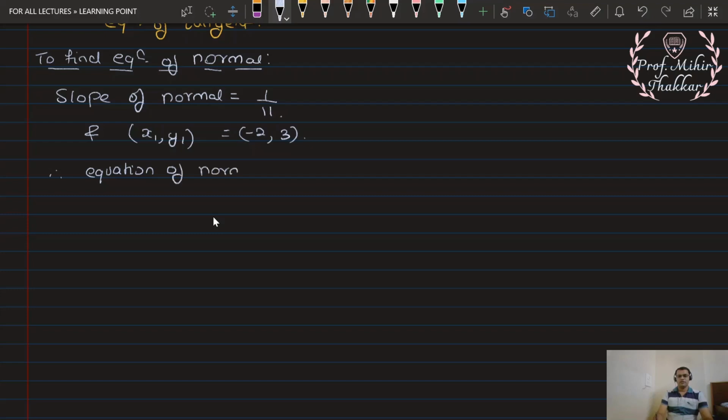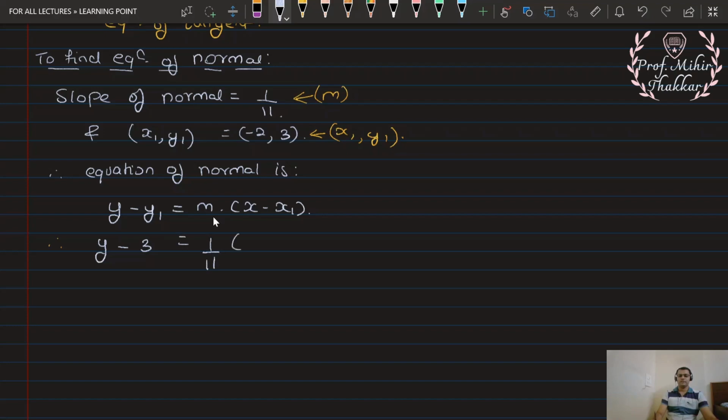Therefore the equation of the normal is the same equation, y minus y1 is equal to m multiplied by x minus x1, but this time students, this will be the value of m over here, and this will again be your x1 and y1. Therefore I can say that y minus 3 is equal to 1 upon 11 multiplied by x minus of minus 2, so I can write it as x plus 2.